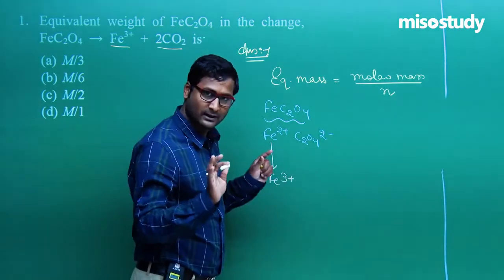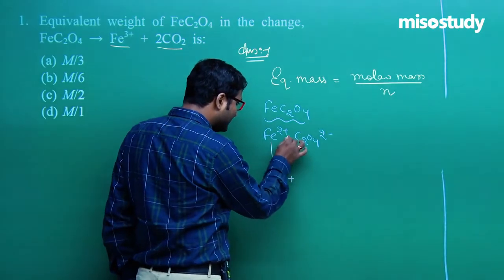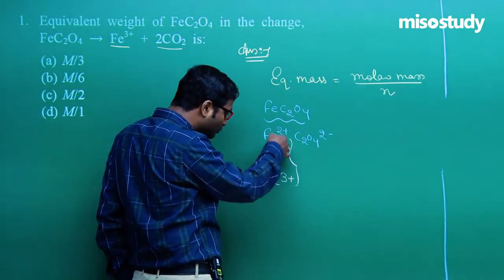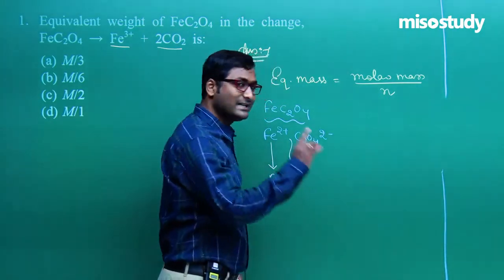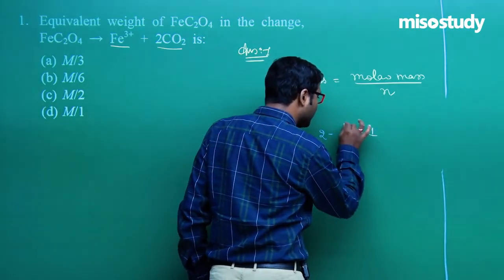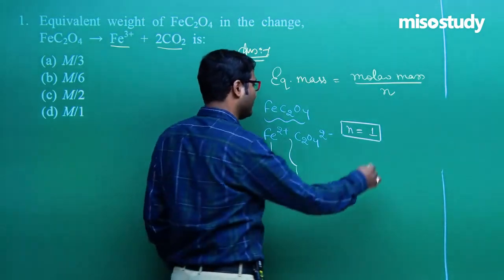That is, there is a change in oxidation state, from +2 to +3, so the value of N, the change in oxidation state, will be 1. Am I right? Yes sir, you are right.